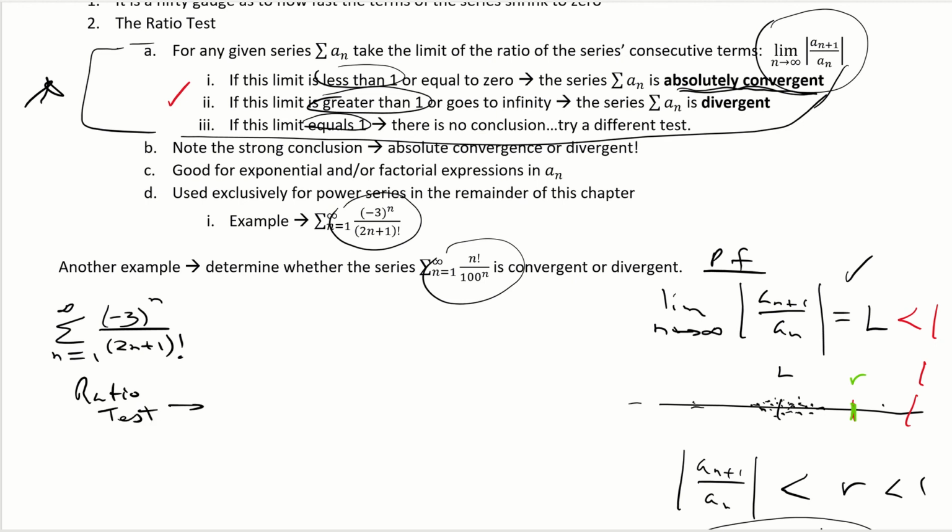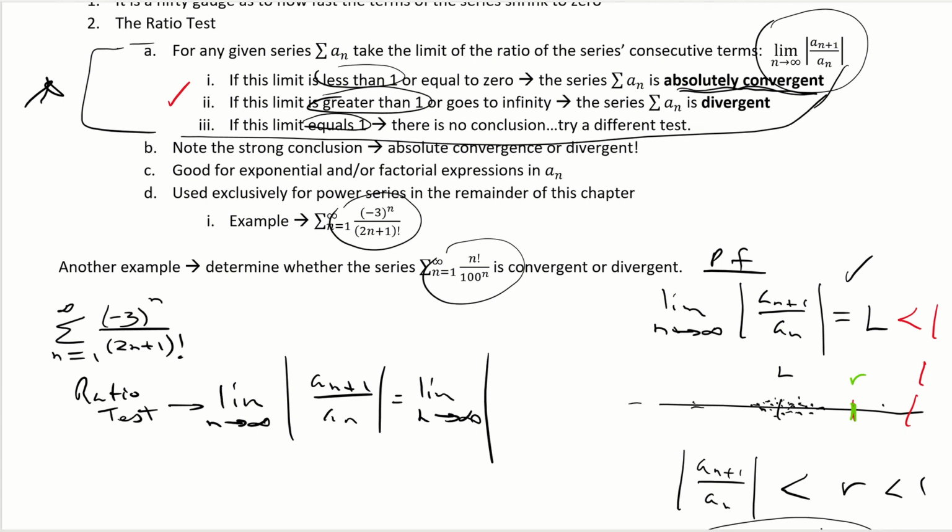it goes like this. Limit as n goes to infinity, absolute value, and what we do is we go a sub n plus 1 divided by a sub n. It's a ratio. So for us, it's looking like the limit as n goes to infinity, absolute value.